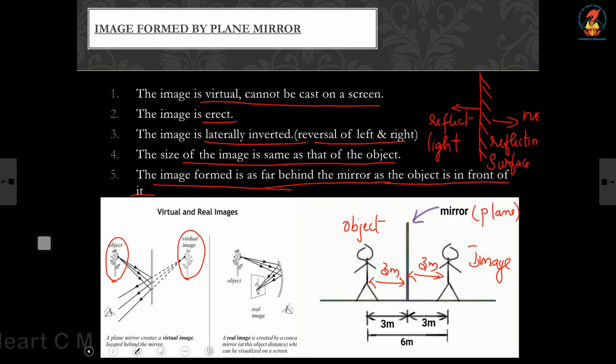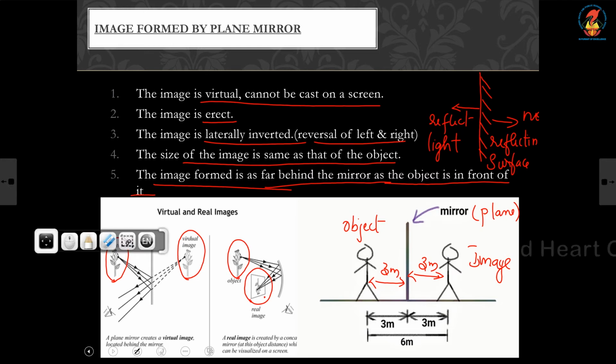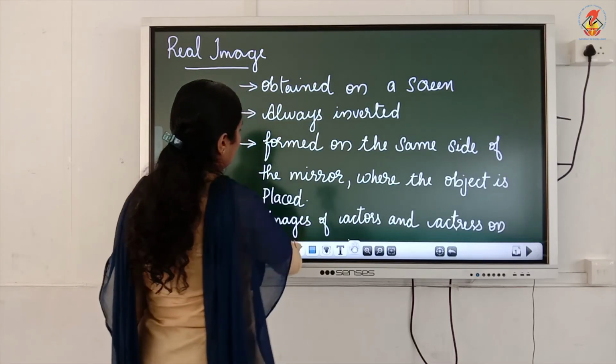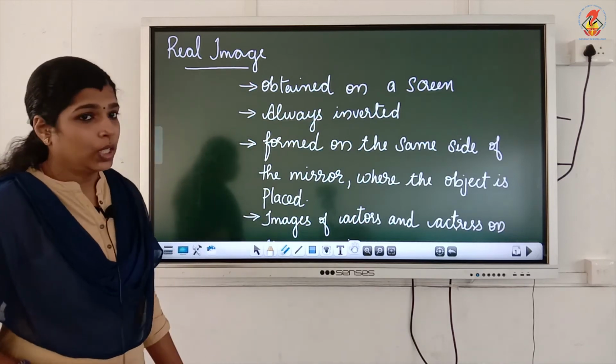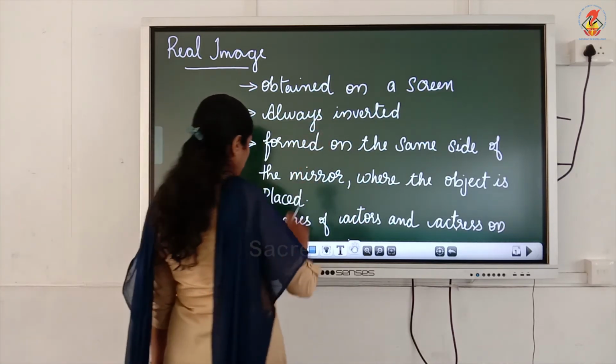Here you can see this one is an object. The image formed is an inverted one. So that image is a real image. A real image is one that can be obtained on the screen.